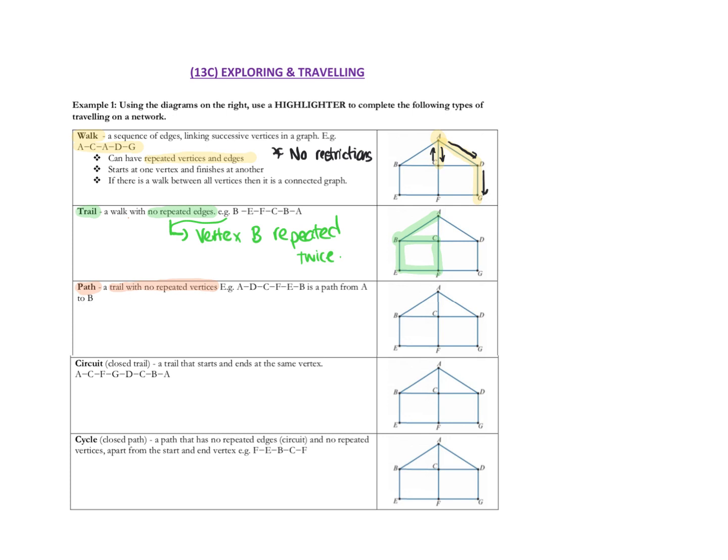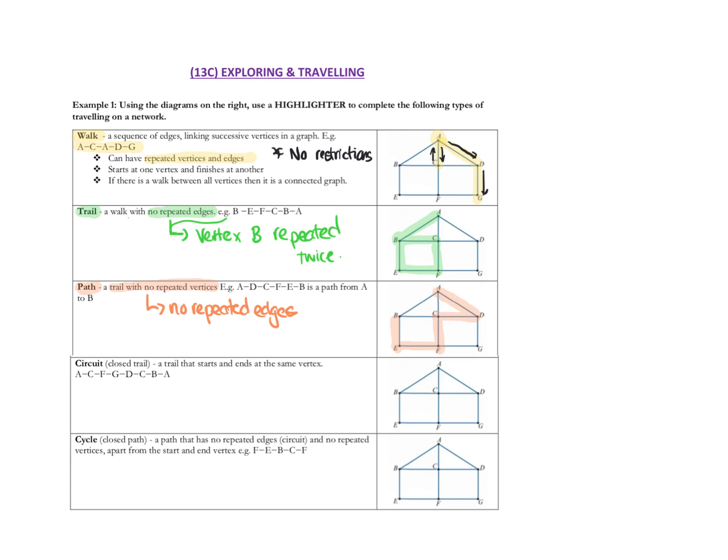We might want to write in there as well, no repeated edges, because it just said it was a trail. If we do their example there, we went from A to D to C to F to E to B. I haven't gone to a vertex twice, and I haven't gone over an edge twice. So that's a path.